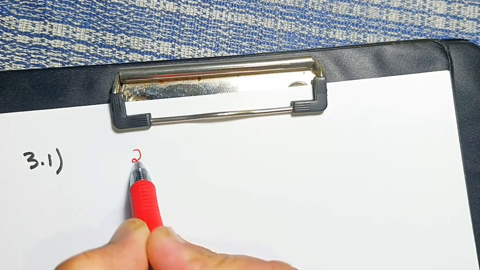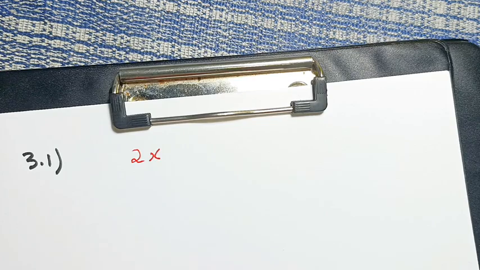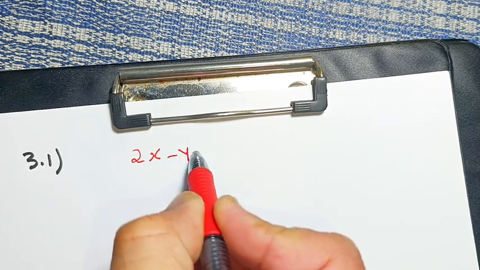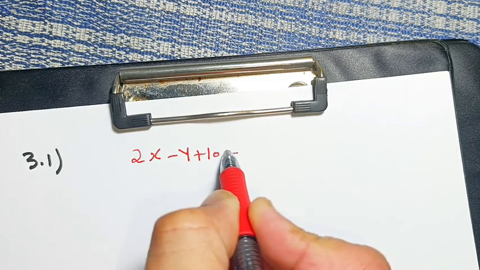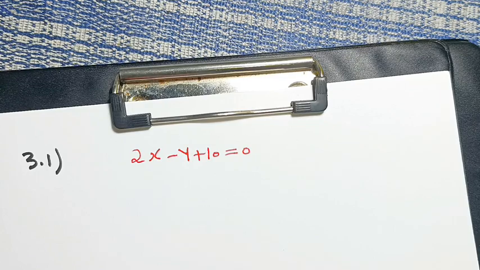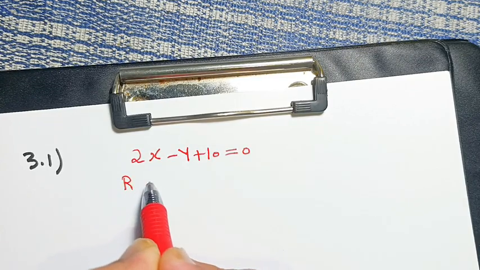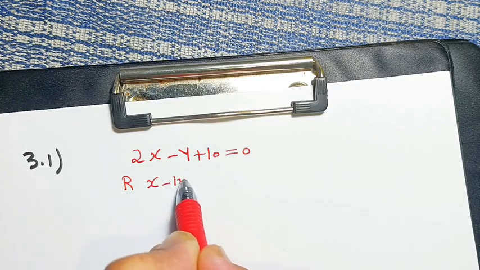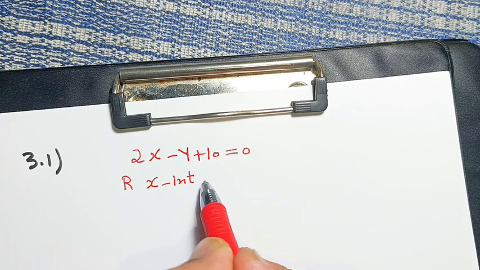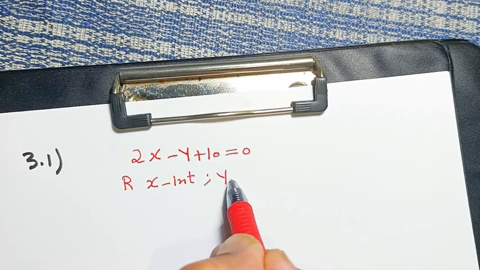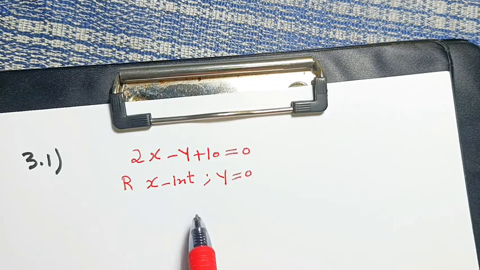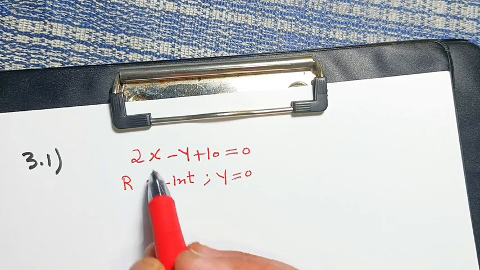We have the equation of the line, which is 2x minus y plus 10 is equal to 0. X-intercept means the y value is equal to 0, so we substitute y is equal to 0 into this equation.